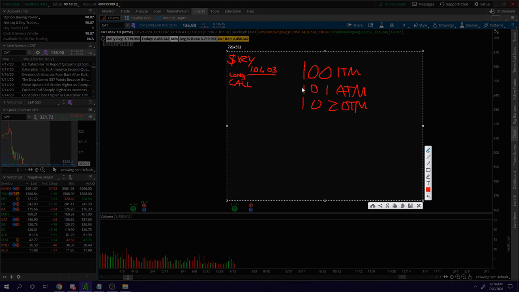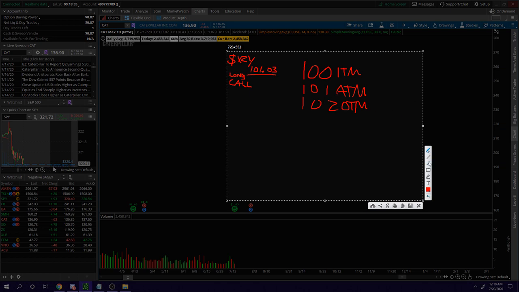That's as simple as that is. At the money means that your strike price is currently where the stock is trading. In the money simply means that it's trading above your strike price. Out of the money simply means that it is currently not trading above your strike price. Out of the money contracts will always be cheaper because they have less probability of expiring in the money.